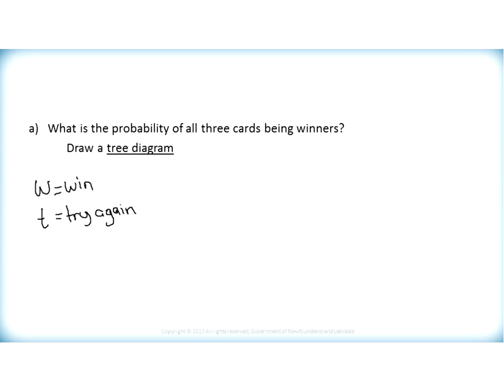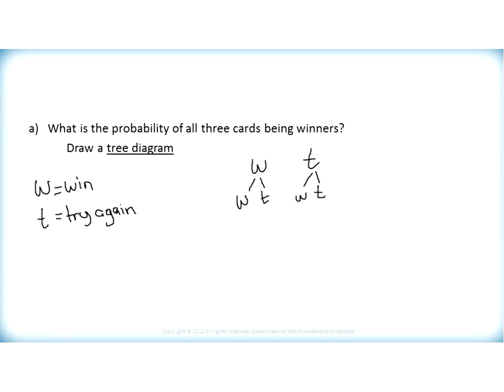On my first card, I can either win, or I can get a try again card. On my second card, I can get a win. So that means I could have won on my first one and won on my second one. Or I could have got a try again on my first and got a win on my second. Or I could have had a try again on my second card.